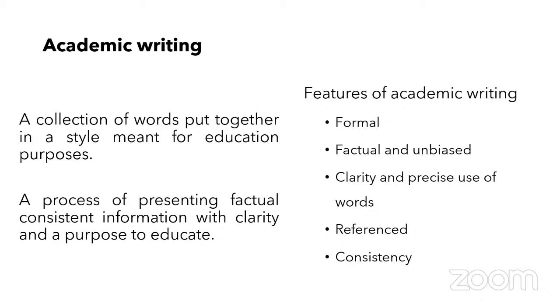So that's why I've suggested that academic writing is a collection of words put together in a style meant for education purposes. Underline that word style. Academic writing has a style. And that style, if violated, would vary from field to field within the academic areas of research.